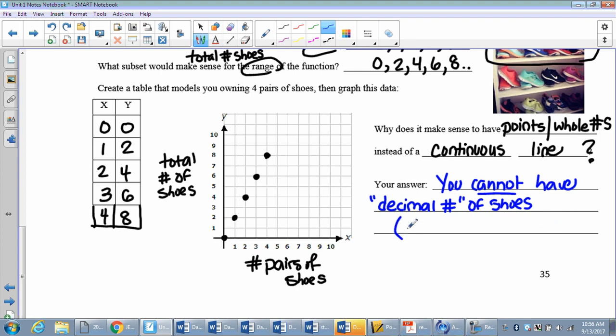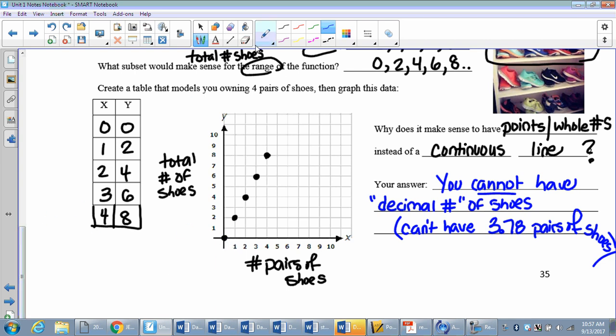So for example, can't have 3.78 pairs of shoes. It just doesn't exist in the real world. So here we have a restriction. Not only are we not going to have negatives, but we're going to have a list.